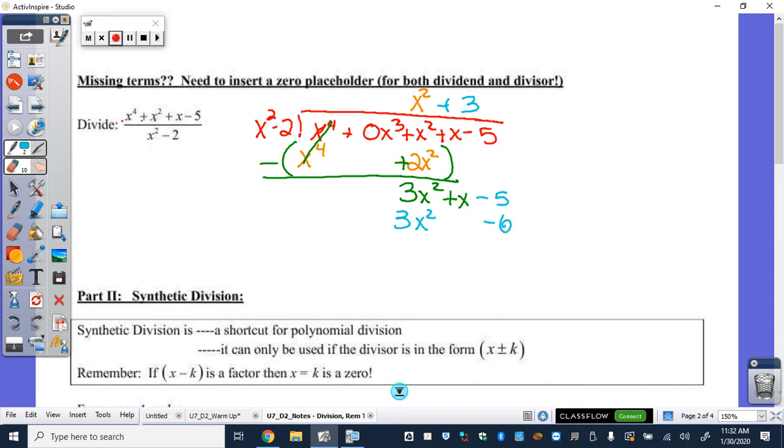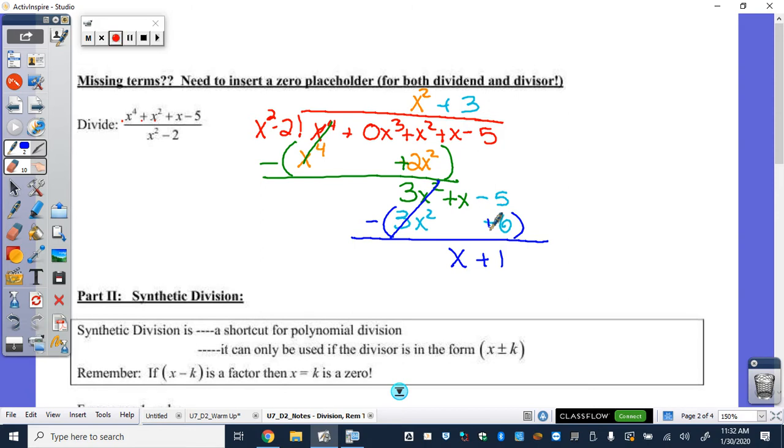So we end up giving 3x squared minus 6 when we multiply, so that really means my minus 5 should have also been brought down, so I brought that down too. So we'll subtract those ones, and we end up with an x plus 1. Can I divide x by x squared?